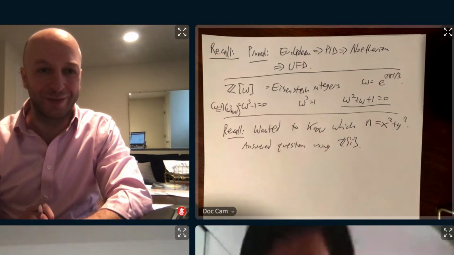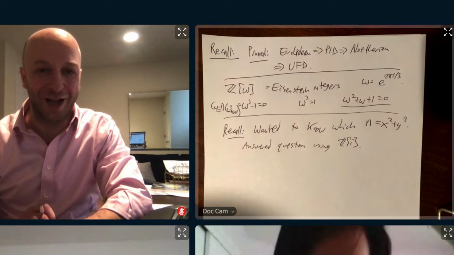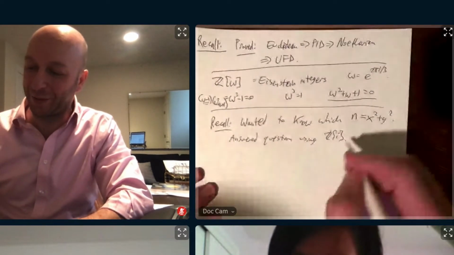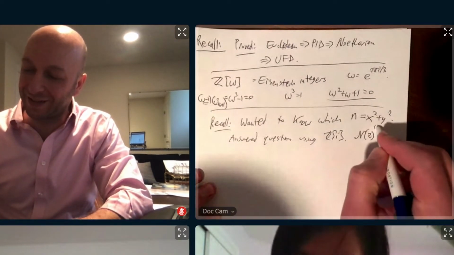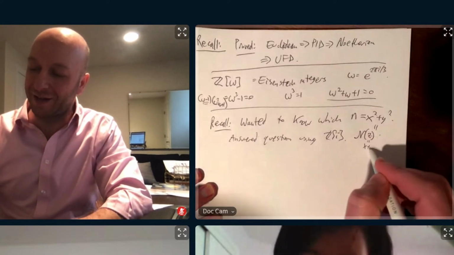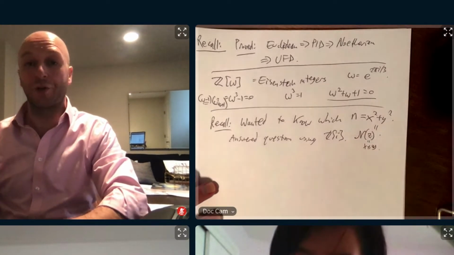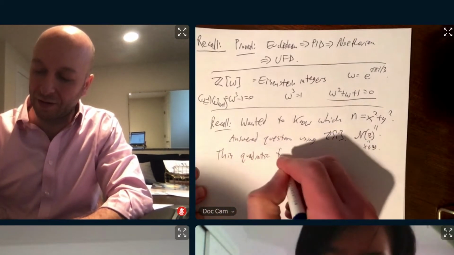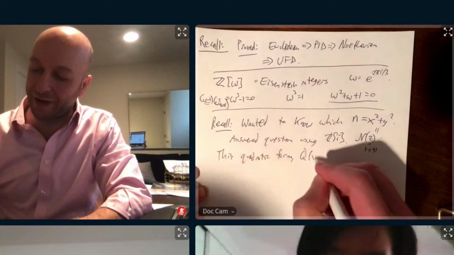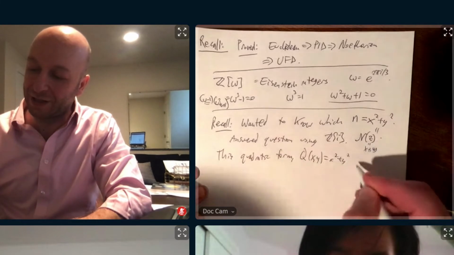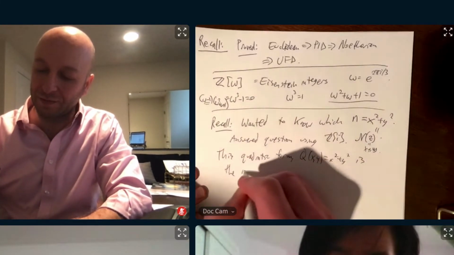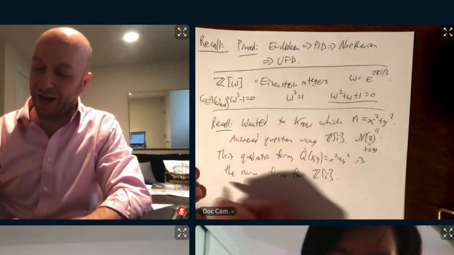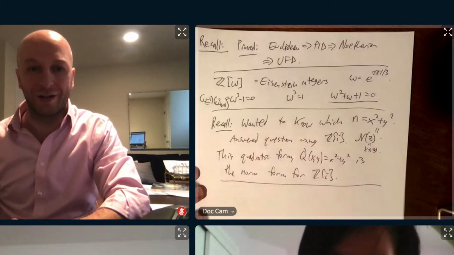Do we remember? You can type it in the chat, or you can unmute yourself and tell me. Norm, yes, exactly. Because the norm of an element z, if z is x plus iy, then this quadratic form, Q(x,y) equals x squared plus y squared, is the norm form for the Gaussian integers. And that's kind of what made the whole thing work.